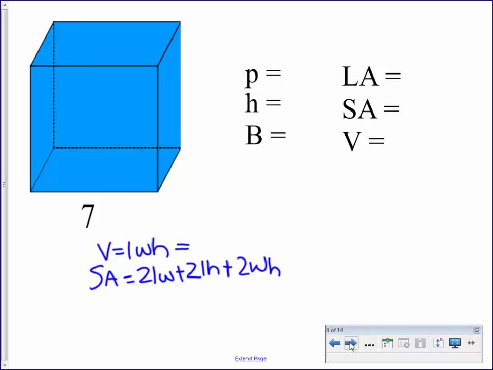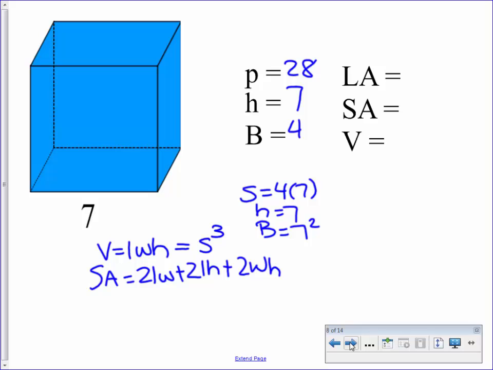So really, the volume, we also can label as side cubed. All right? So, perimeter of the base, it's a square. So square's perimeter is 4 times 7, which gives us 28. The height is going to be 7. The area of the base is 7 squared, which is 49.